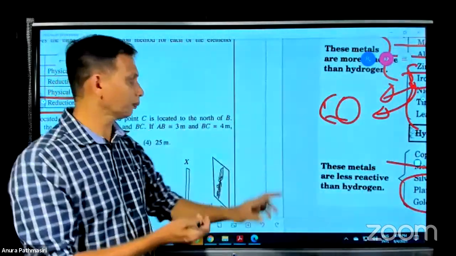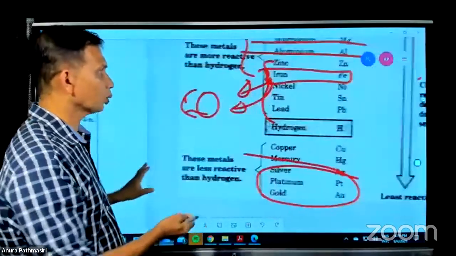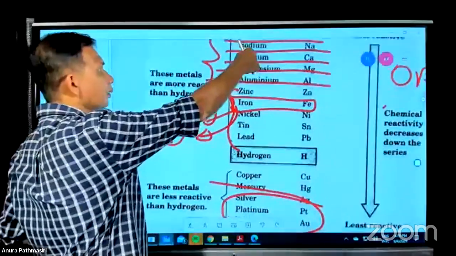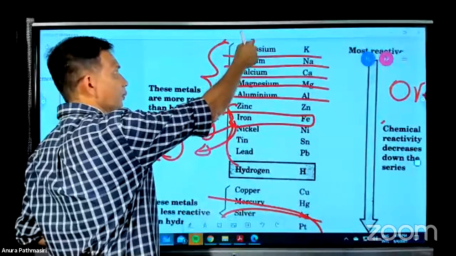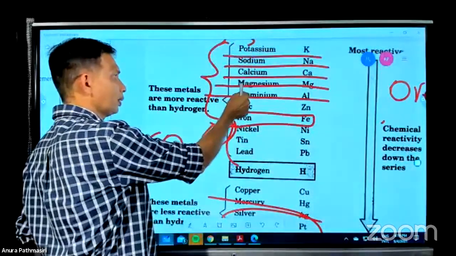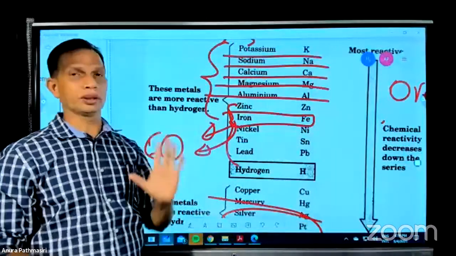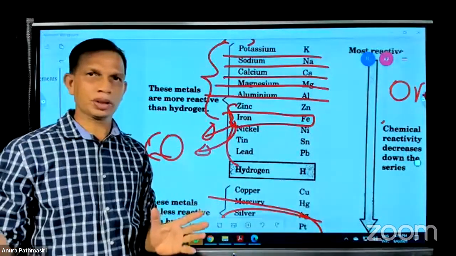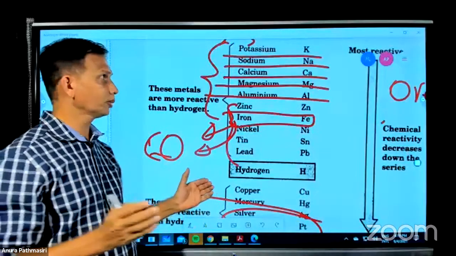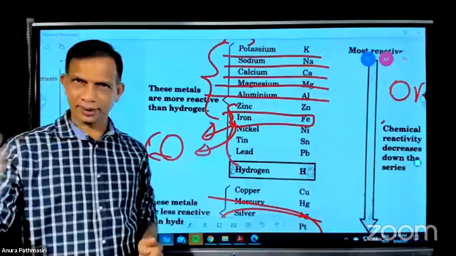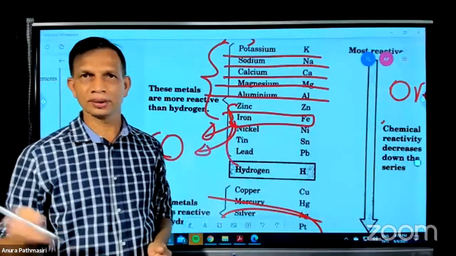You have to study how sodium is extracted in the next coming lesson.